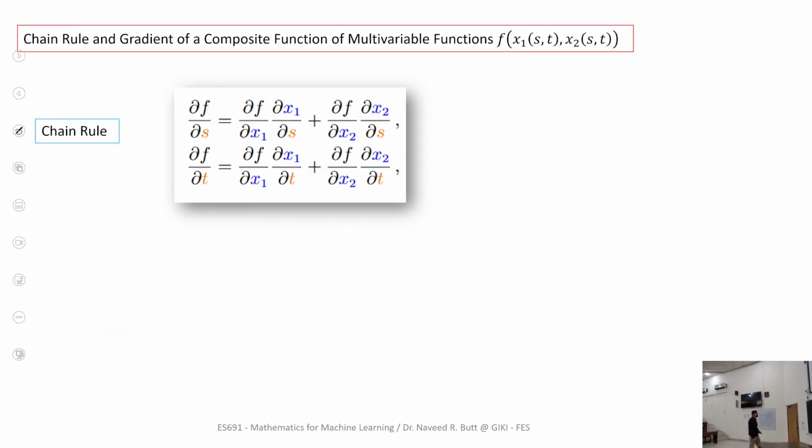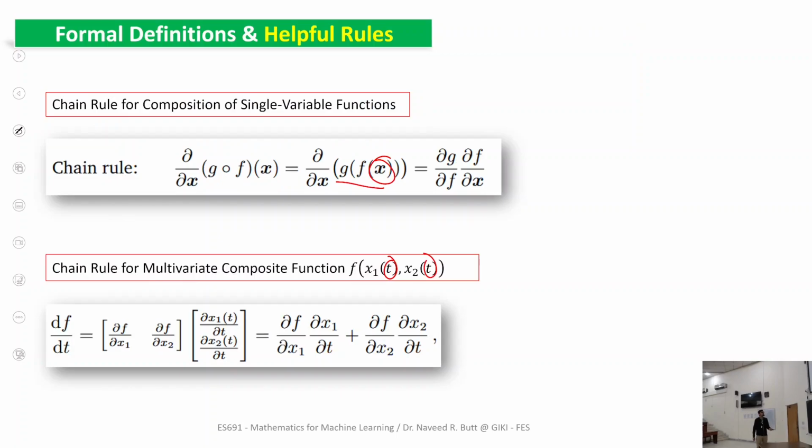Chain rule and gradient of a composite function of multivariate. What has changed from the previous one? First we had f(x), g(x), then we had f of g of x. Then we had f of x1 and x2, but then x1 and x2 are functions of one variable. But what if x1 and x2 are now functions of more than one variable?